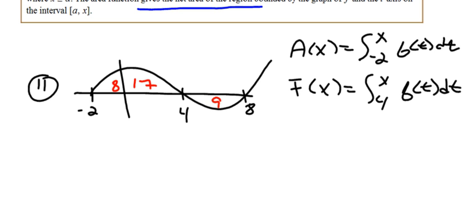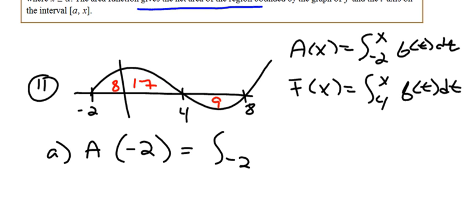So from here, if we want to evaluate A when x is -2, I'm going to go ahead and insert -2 for my x as an upper bound. But we have to remember when the upper bound and lower bound are the same, we did not move, so there is no area to compute. The answer would be 0.